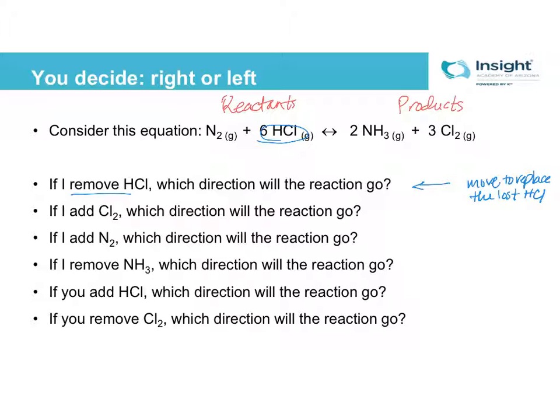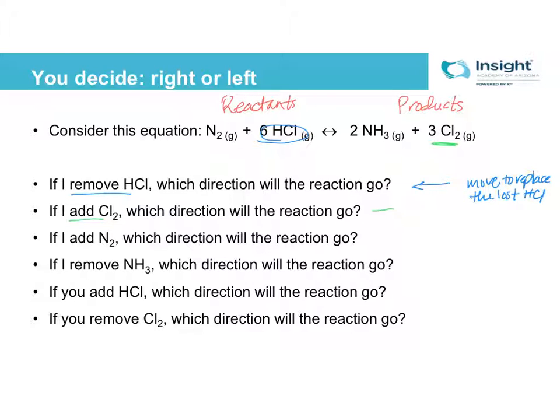All right. And then if I add chlorine, that means I have extra chlorine. Here's chlorine, I have extra of this, so you can think of it as I'm adding more, so that's going to tell the reaction that we've got too much chlorine. So in this case, we're also going to move to the left.